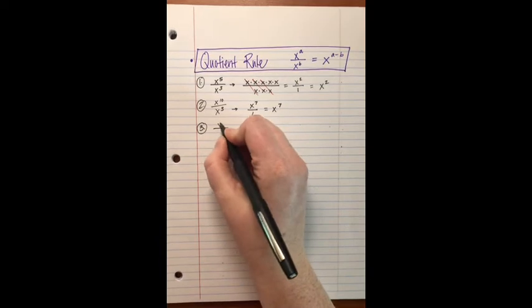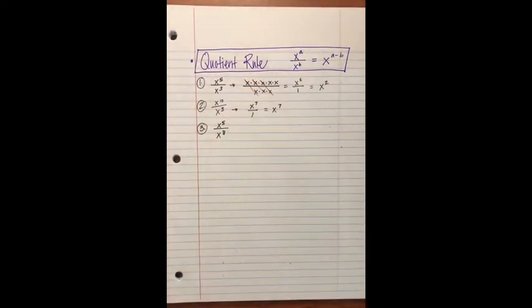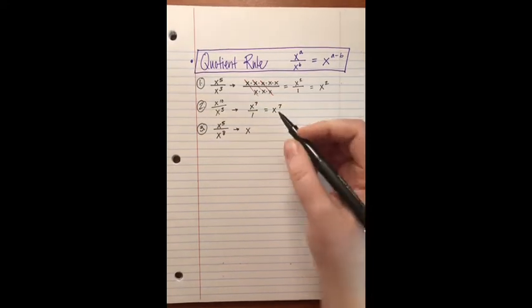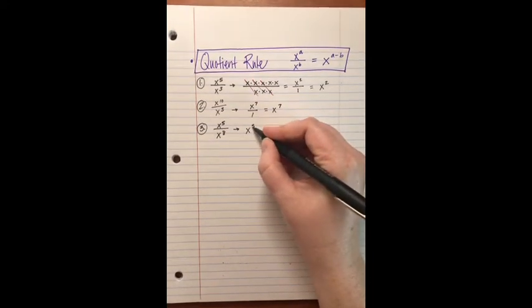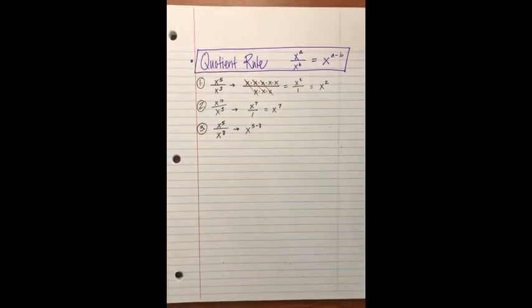Okay, let's do another one. X to the 5th over x to the 8th. Bases are the same, so I can subtract the exponent. So what we're doing here is we keep the base, and then we take the top exponent and subtract the bottom exponent. 5 minus 8. 5 minus 8 is not 3, it's negative 3.